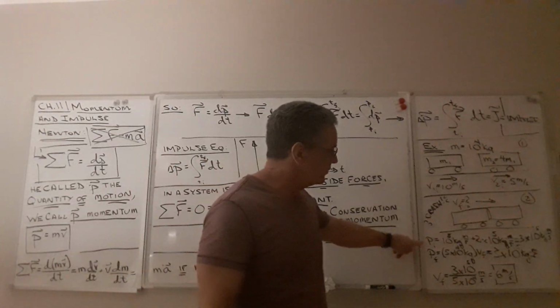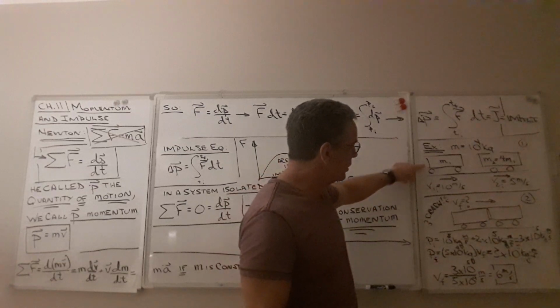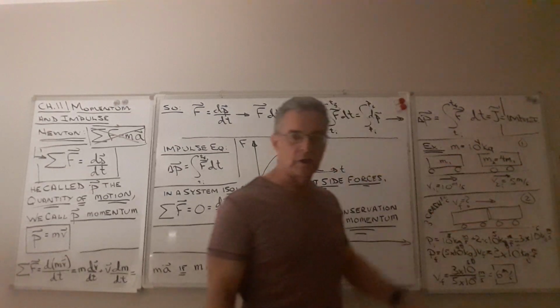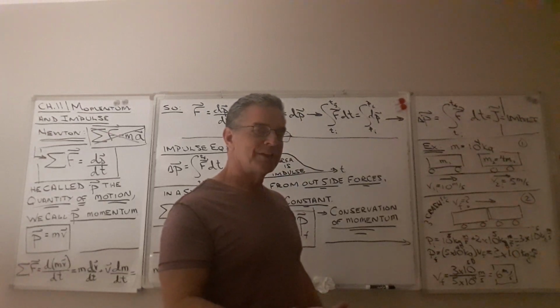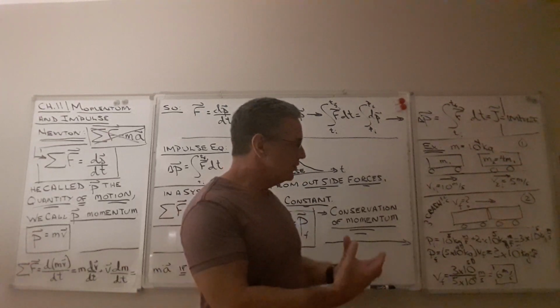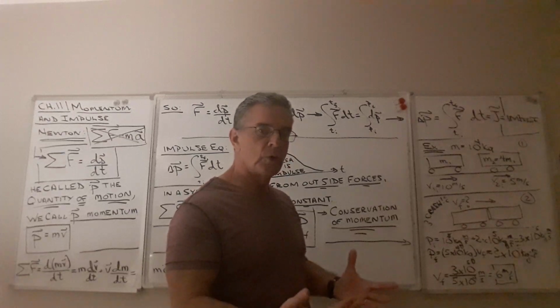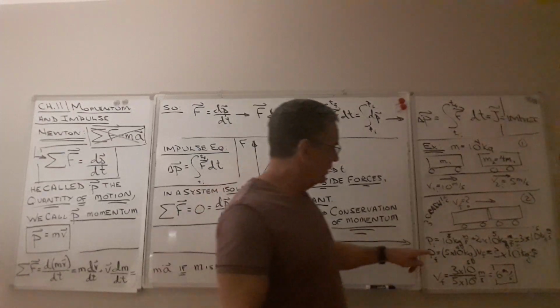The initial momentum of the system is going to be the momentum of these 2 cars before they collide. So what you have to do is multiply their masses times their velocities and add the 2 terms together to get the total momentum of the 2-car system.